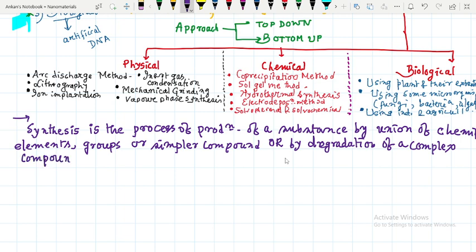Okay, here I have used a style of giving the definition of synthesis of nanotechnology.